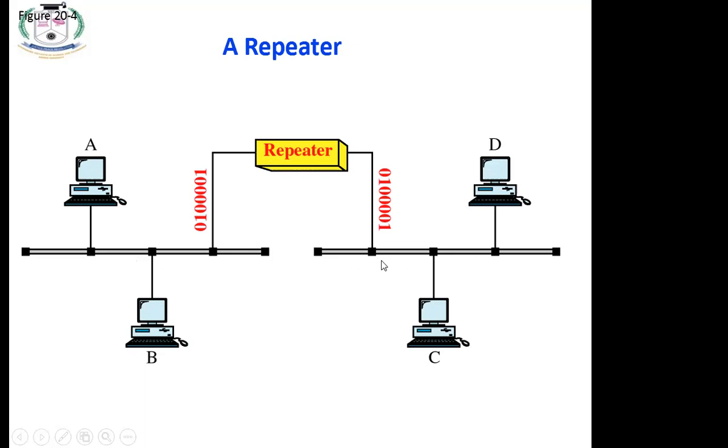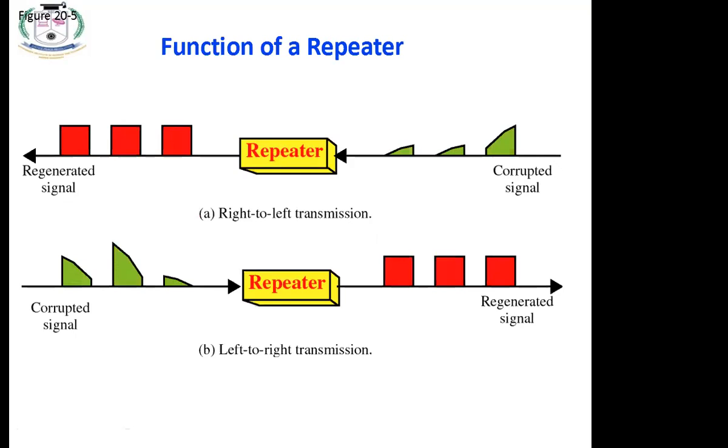If you are using an Ethernet cable, then we have some restriction on the length. But I can just connect a repeater in between, so that I am able to connect these two ends, A and D, without any compromise in the performance or the data rate that is transferred. So that is the function of the repeater.